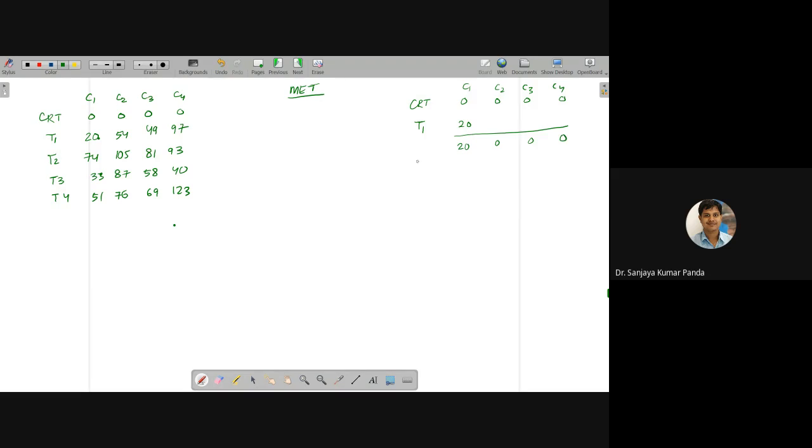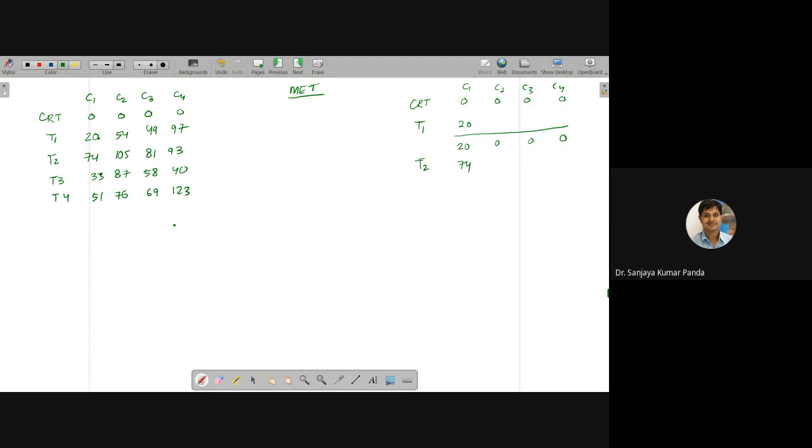When T2 comes into the picture, it is taking 74, 105, 81, and 93 units of time in the 4 different clouds, out of which the minimum is in cloud C1. So T2 is assigned to C1, taking 74 units of time.